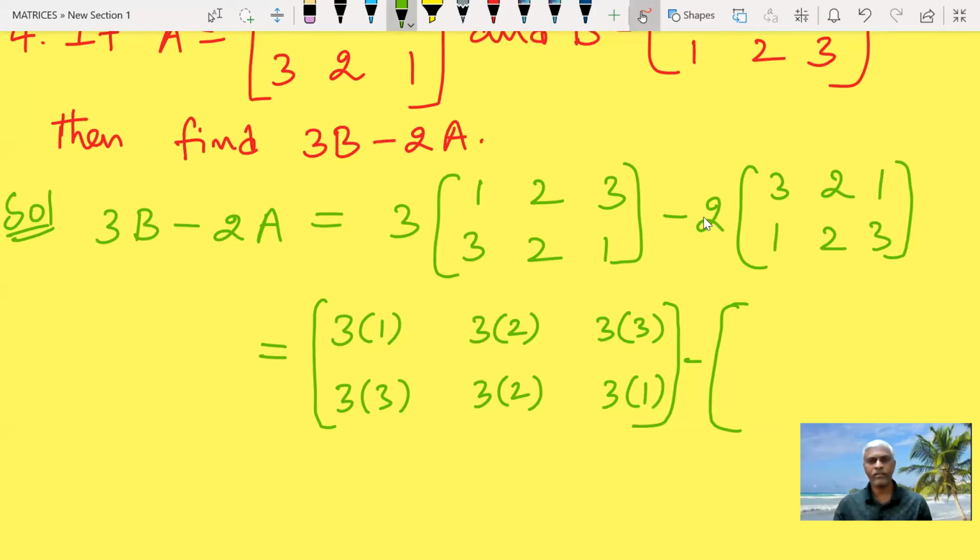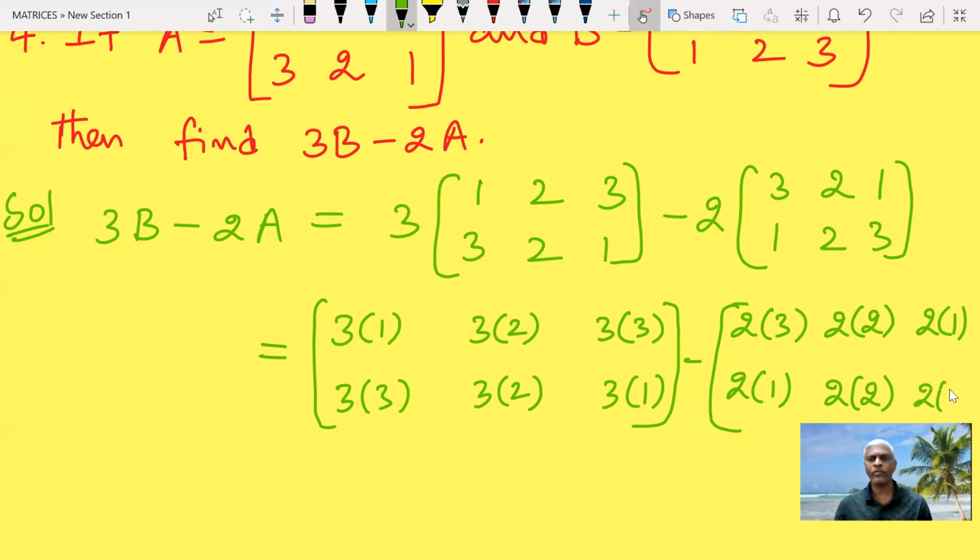In the same way, the second one, 2 into A. So 2 into all the elements inside. 2 into 3, 2 into 2, and 2 into 1. 2 into 1, 2 into 2, 2 into 3.